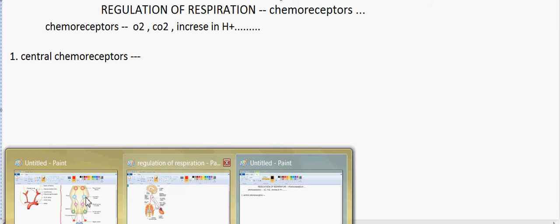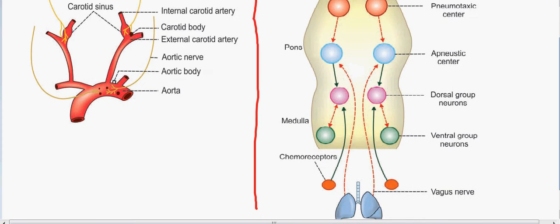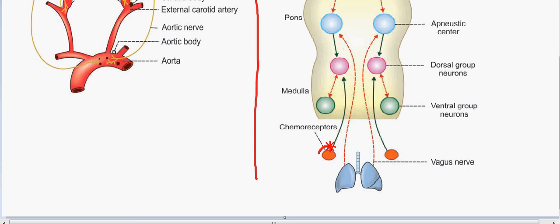So we'll see the picture here. So here is the chemoreceptor, which is situated over here in the level of the brain. This is a zoomed in version of the pons and the medulla, that is the brain stem, and they are situated in the deeper part of the medulla oblongata, just close to the dorsal group of the neurons, or the ventral groups, just near to the nervous regulatory centers of the respiration.